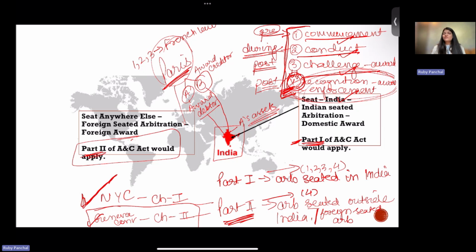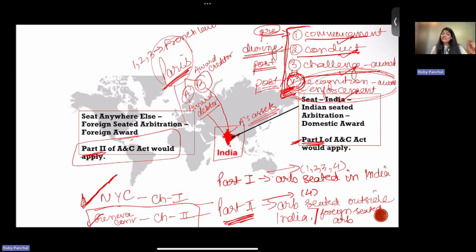All right. So now that we have understood the structure of the A&C Act, and by structure I mean these two parts, Part 1 and Part 2, now we need to figure out how we are defining international commercial arbitration in the A&C Act.